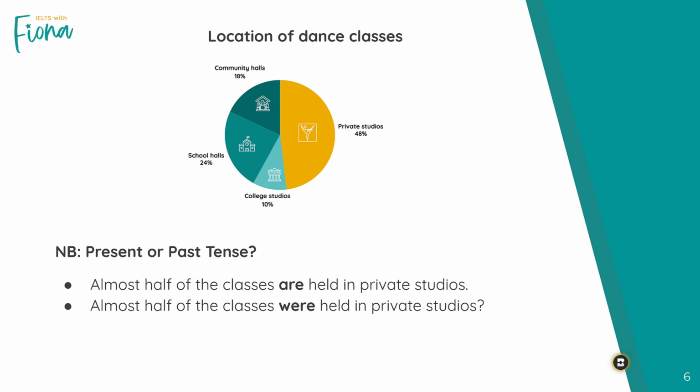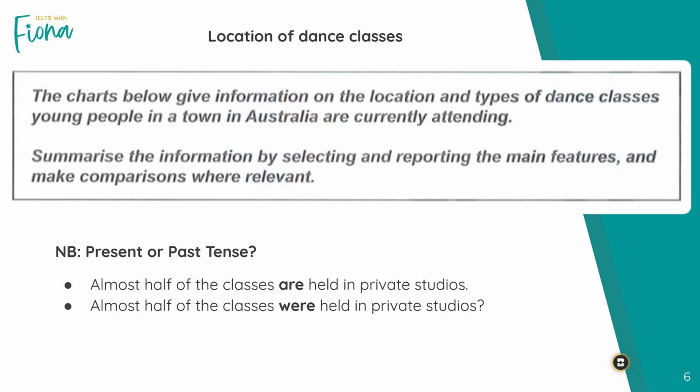Before we do that, I've just got a question about whether you should choose present tense or past tense for this pie chart. All we know is that it's about students who are currently attending dance classes. You might naturally think present simple because there's no past tense mentioned in the graph. But actually, both are okay.